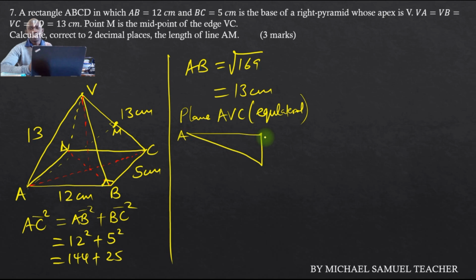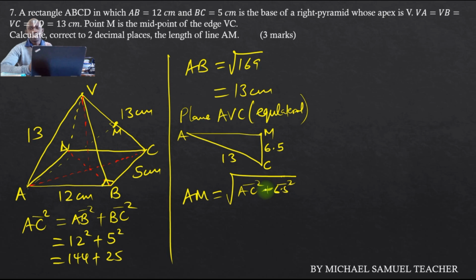You have A, then MC. This is 13, this is 6.5. So we can get AM. So AM will be square root of AC squared minus 6.5 squared.